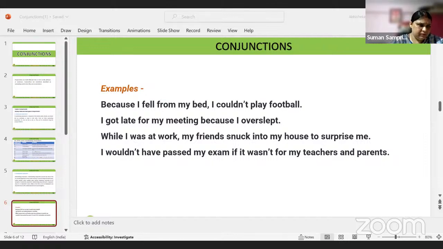Phrases, right? I was late for the party as I was not. I got your sentence. Okay, let us move on to the next slide quickly.